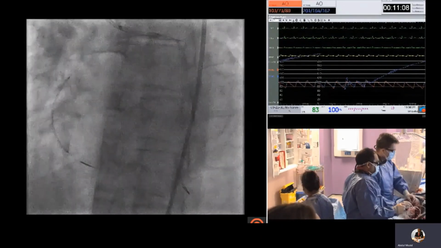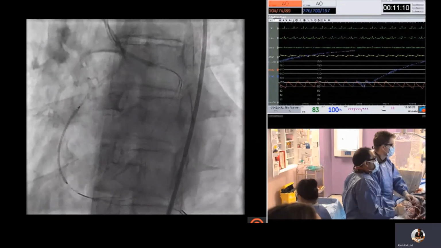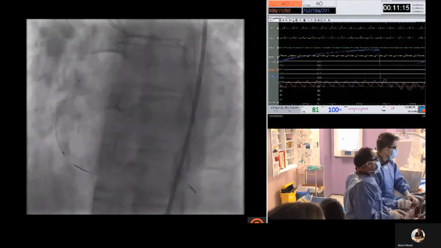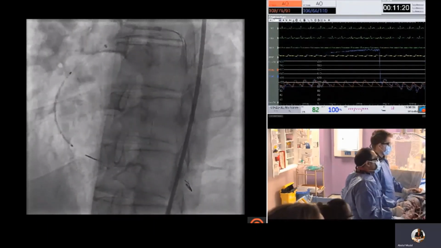So in fact, on intravascular imaging, we had to extend our stent quite distal. So this is two 3.5mm by 48mm stents.